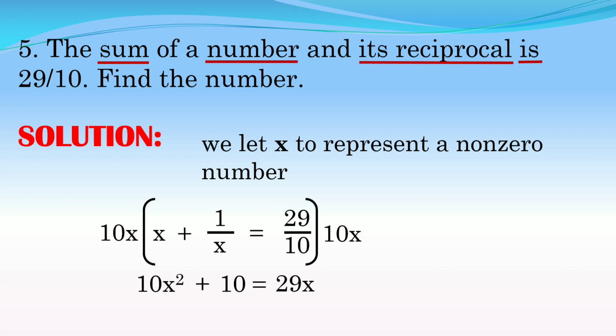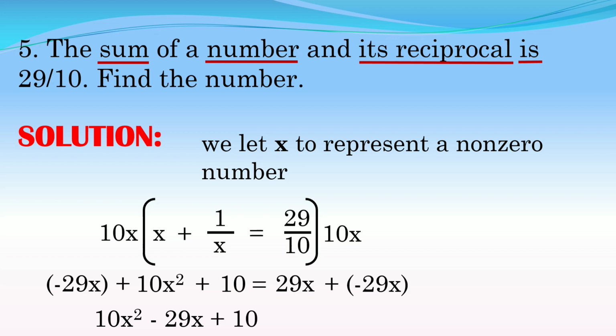Pwede na natin i-transpose si 29x sa kabilang side and equate natin ito sa 0, or simply add negative 29x to both sides. So, you see the addition property of equality. We have 10x squared minus 29x plus 10 is equal to 0. Yan na yung ating equation.